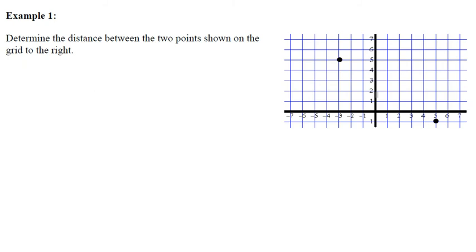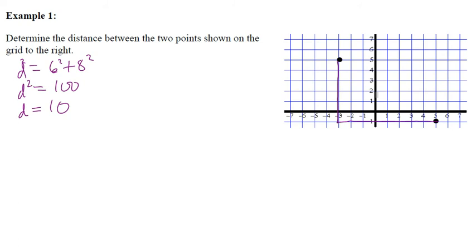Okay, so we could just do this by counting. 1, 2, 3, 4, 5, 6. 1, 2, 3, 4, 5, 6, 7, 8. So we could go d squared is equal to 6 squared plus 8 squared. d squared is 100, and d is equal to 10.